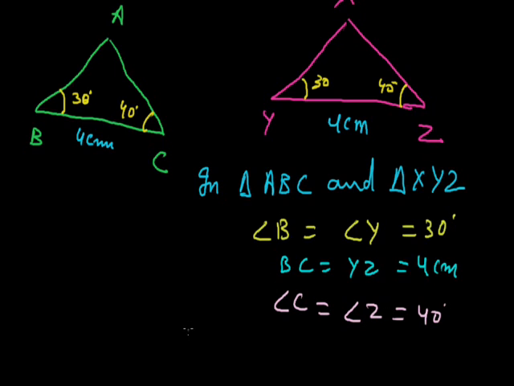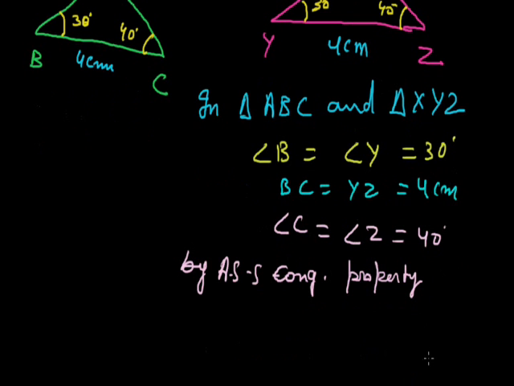Thus, by ASA, that is angle, included side and angle property, triangle ABC is congruent to triangle XYZ. Now, while writing the name, we have to be careful.